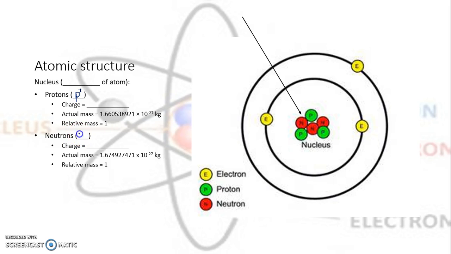All right, the other particle that we have in there is called a neutron. The symbol for a neutron is a lowercase n with a little circle like a degree sign, almost. Neutrons are neutral in charge, so they have no charge. The mass of a neutron is very similar to the mass of a proton. If they're so close, they're pretty much the same.